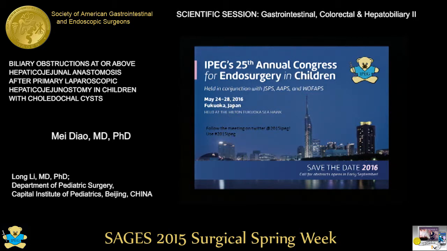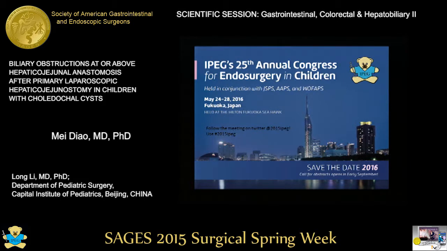You suggested redo surgery for the stenosis. When do you think is the best time? How early is early? Like the length of time you have to wait to reoperate?